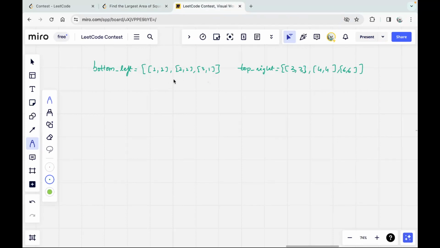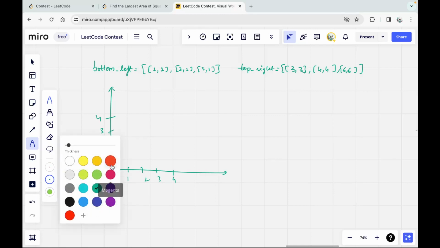Let me draw these rectangles again here. Let me draw the coordinate axis: 1, 2, 3, 4. Now for the first rectangle, we have 1 comma 1 to 3 comma 3. Let's take red.